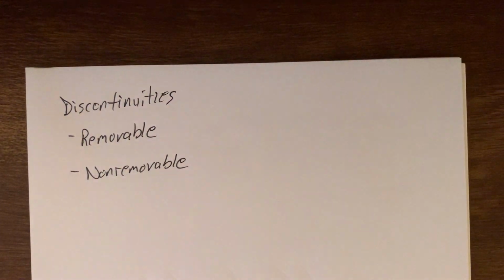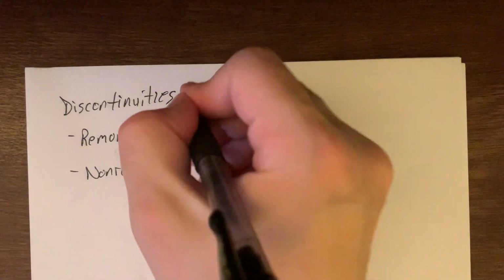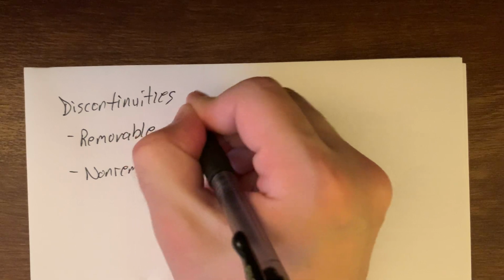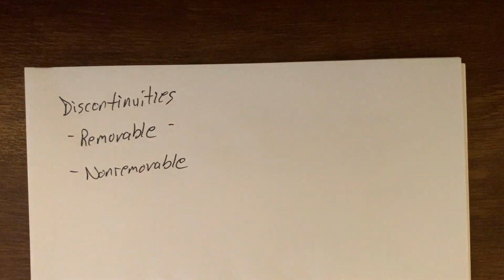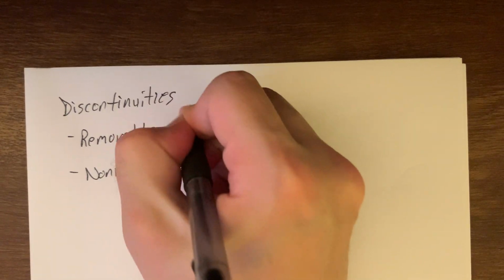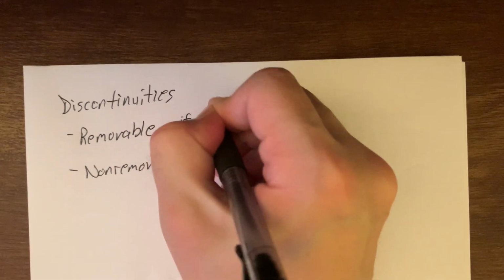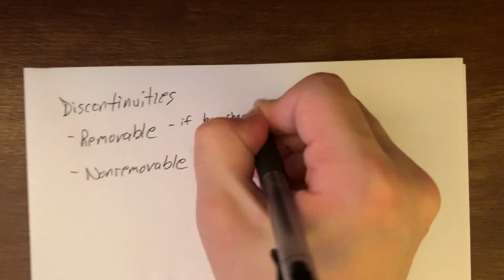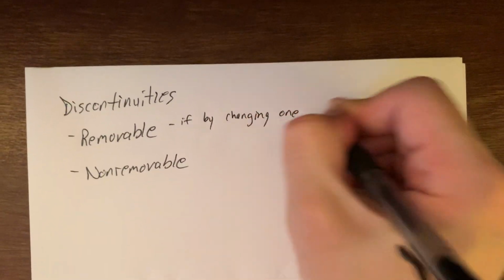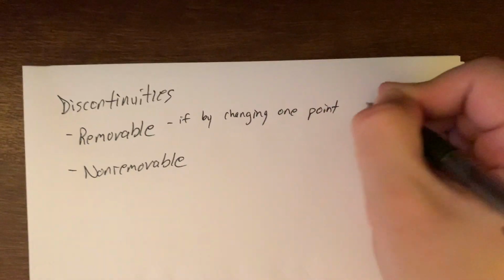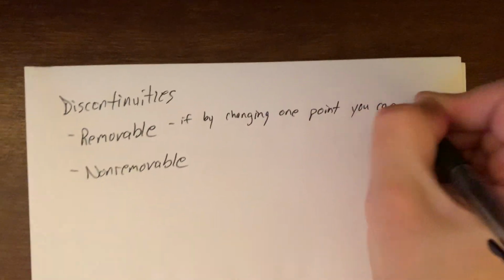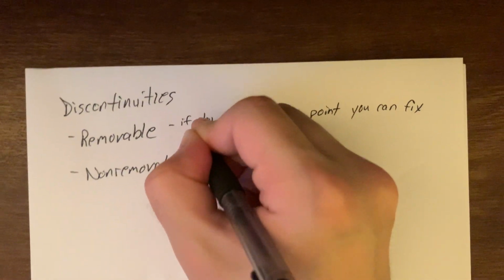The idea of a removable discontinuity is, I'm being a little quick with my definition: a discontinuity is removable if, by changing one point, you can fix the discontinuity.